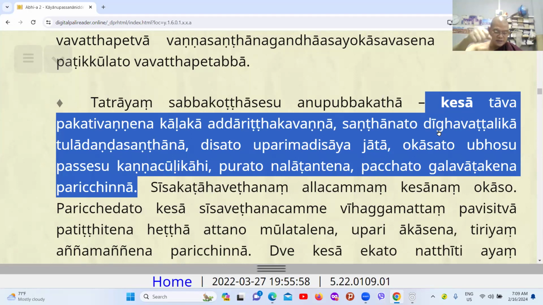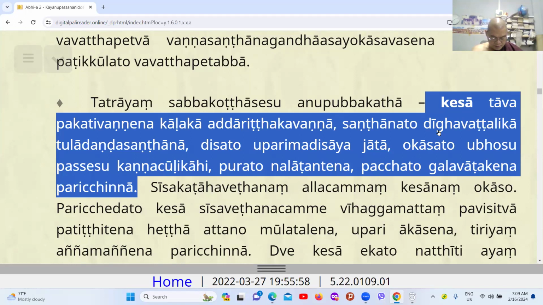Disato, according to the direction, the head hair grows in the upper direction, above the head.